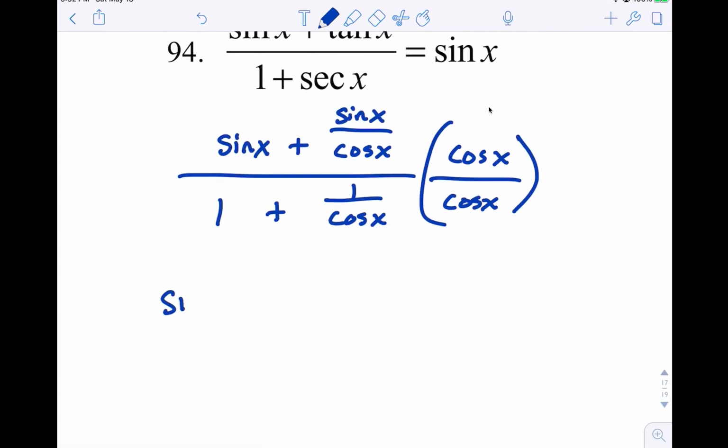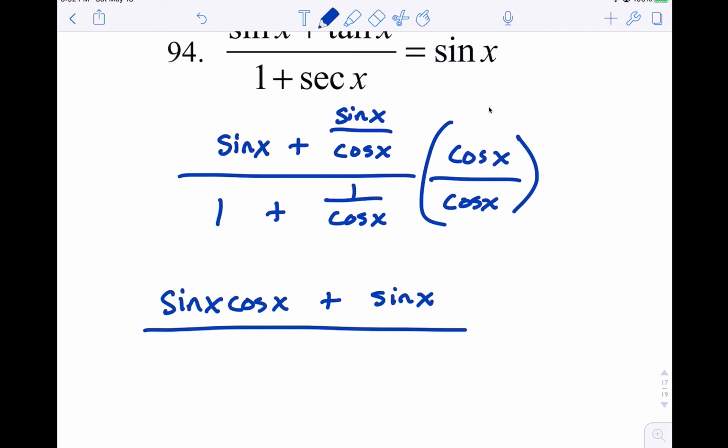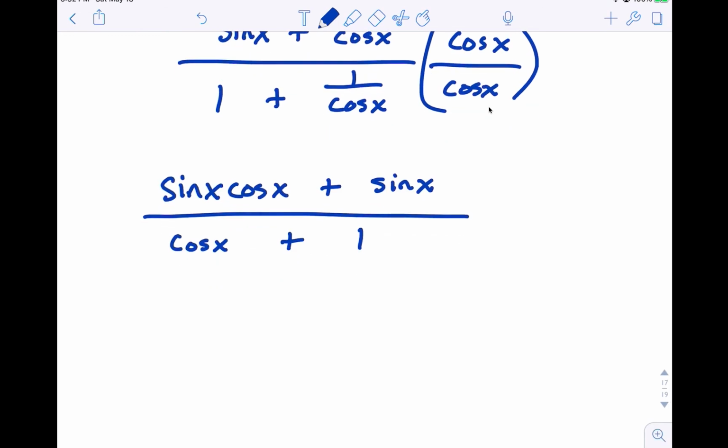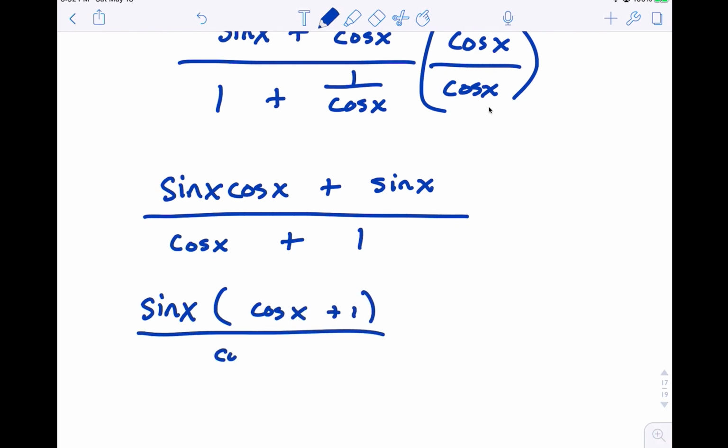So that's going to give me sine cosine plus sine divided by cosine plus 1. All right, now I should be able to factor the top, which then your factors cancel, and you're just left with sine x.